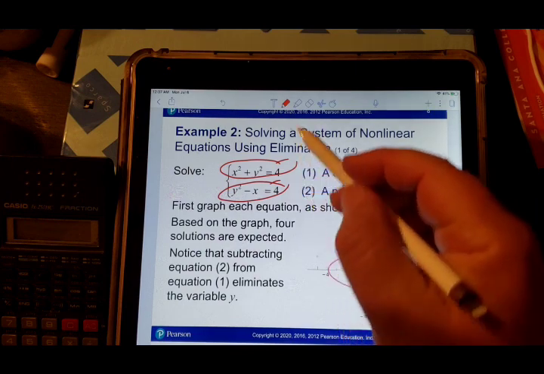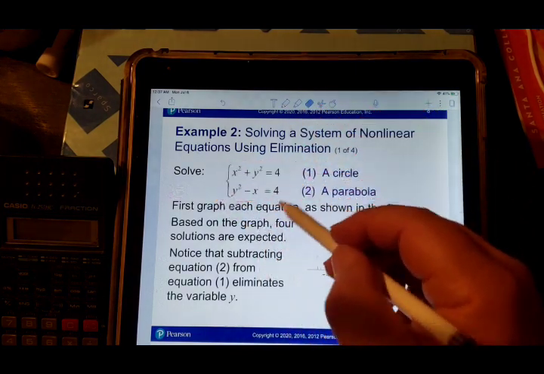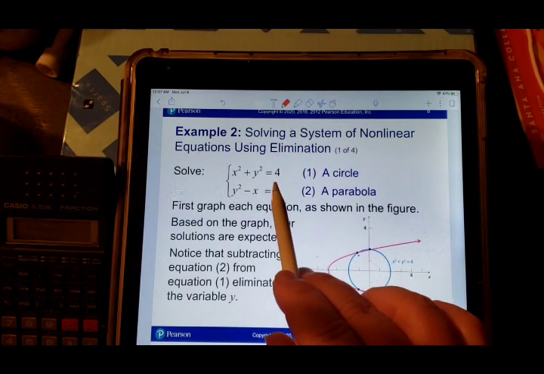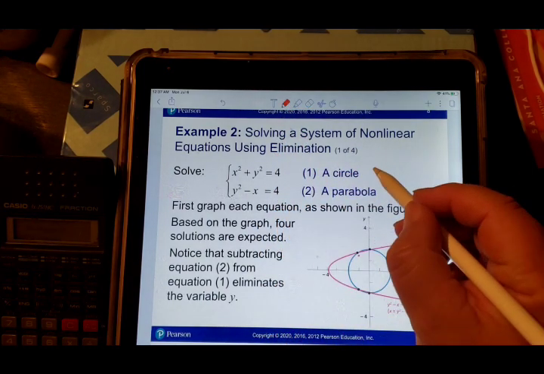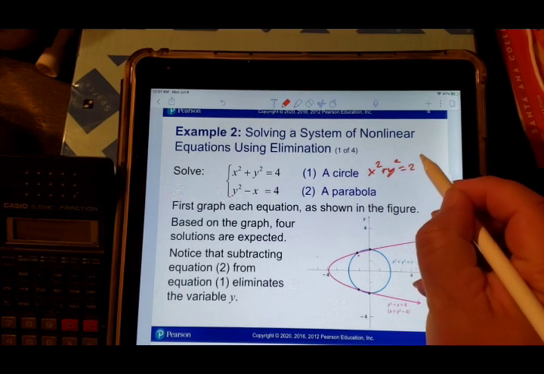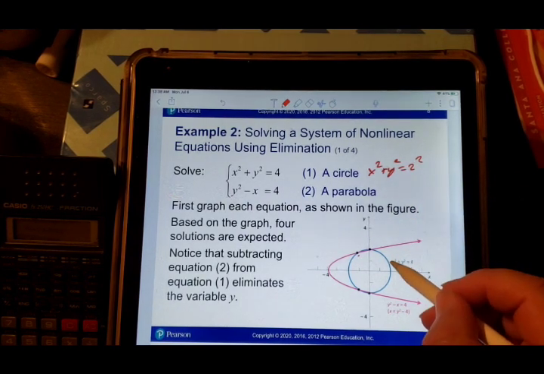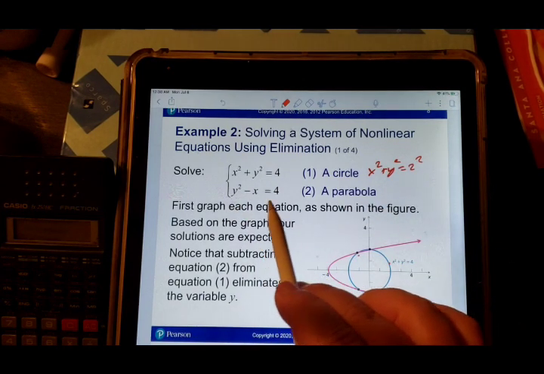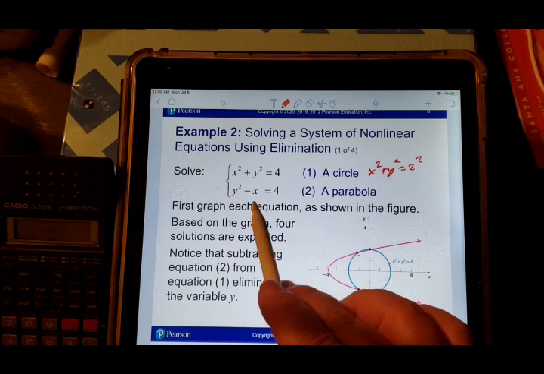We know that this is a circle of radius 2, because we know how to graph circles at this point. X squared plus y squared equals 2 squared. So we know that circle. And we know this is a parabola, or hopefully we recognize this is a parabola.